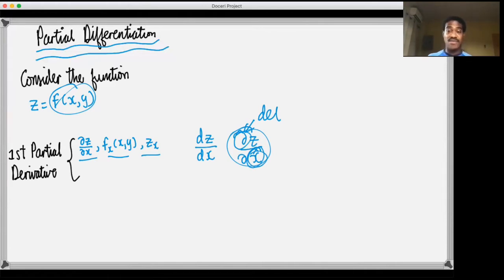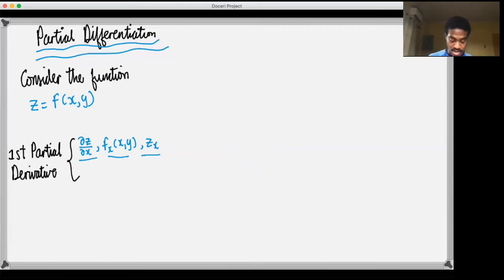You just differentiate as normal, using all the differentiation rules, but keep in mind you're treating y as a constant. The x is treated as a variable when you are differentiating. So that's basically how you go about differentiating partial derivatives.